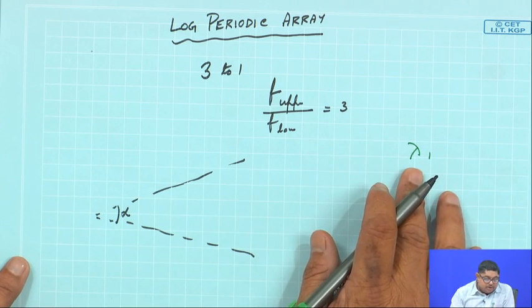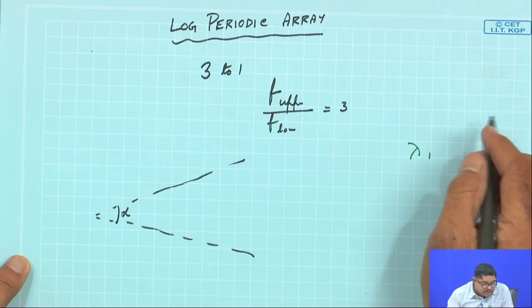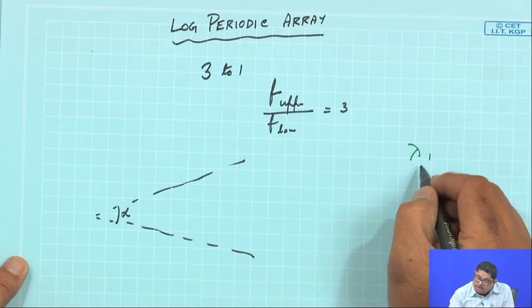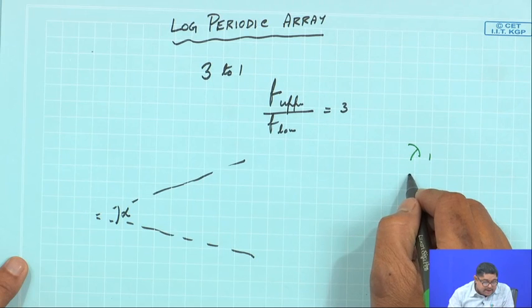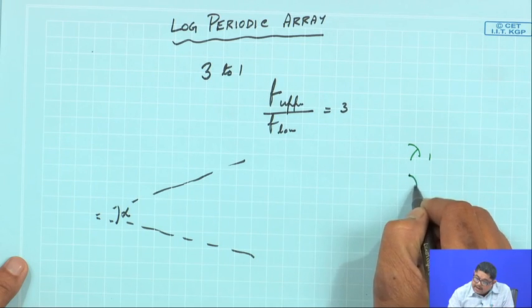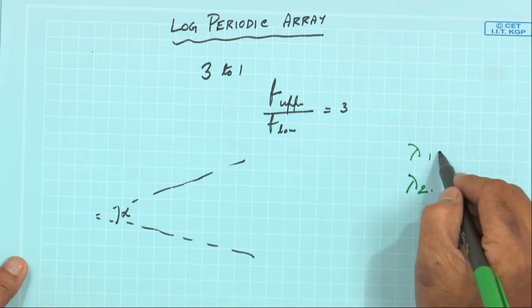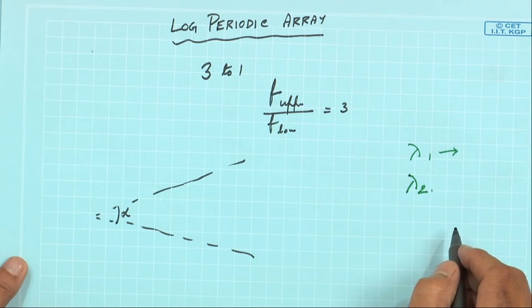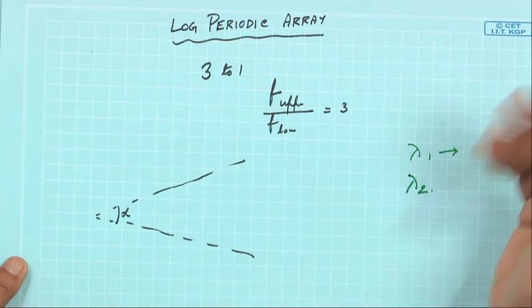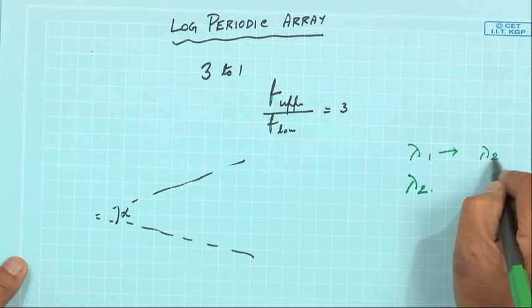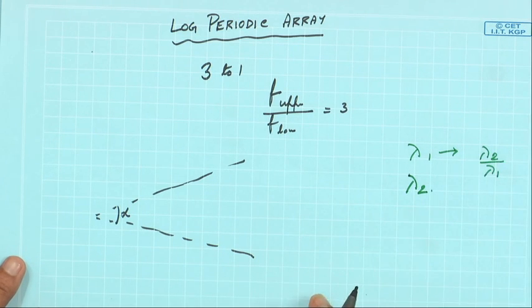It will also perform at a wavelength lambda 2 if the dimension of the first one is changed by a factor of lambda 2 by lambda 1.